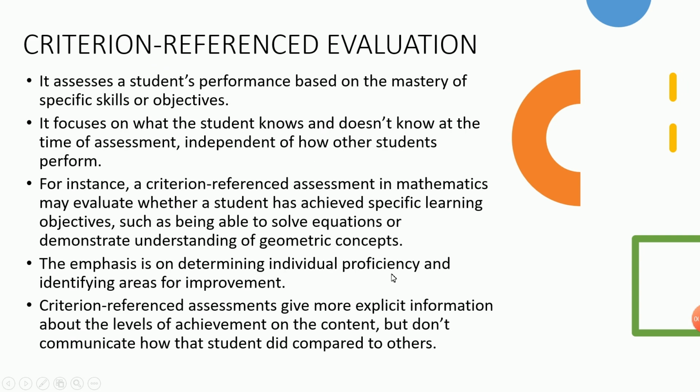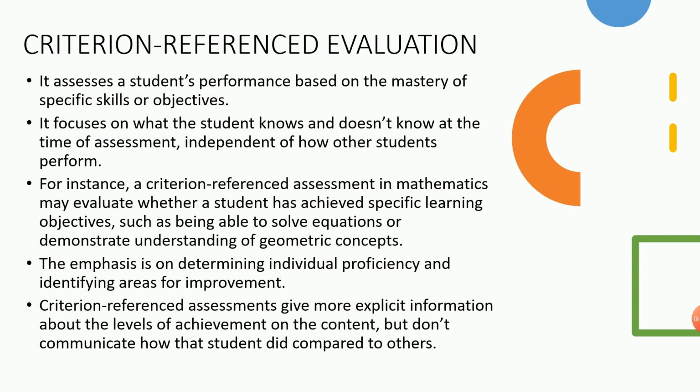So it is determining individual proficiency and identifying areas for improvement. So here, unlike the previous one, it gives explicit information about the level of achievement and the content, but does not communicate how that student did compared to the others. I may not know. As a whole, we are scoring some marks in UGC-NET. So how we have prepared, how we have achieved that, I cannot compare myself with others.